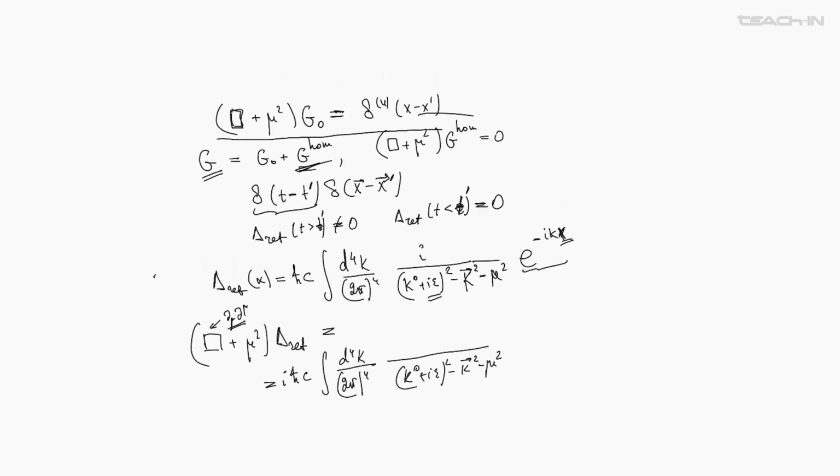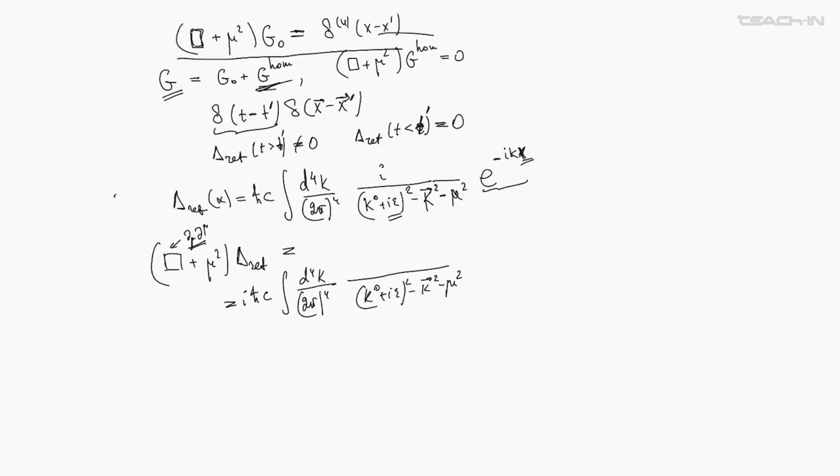So it's a function of x. x here is a four-vector. So it has a 0 component, which is the time component. So delta retarded depends on time, and it also depends on spatial directions. And in a covariant writing, this operator is d over dx mu.